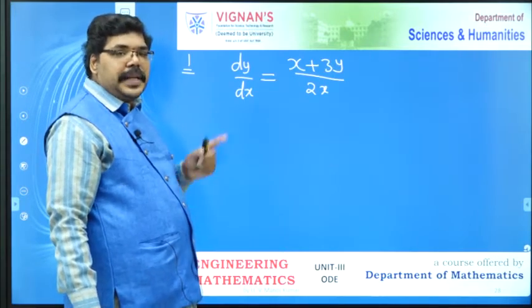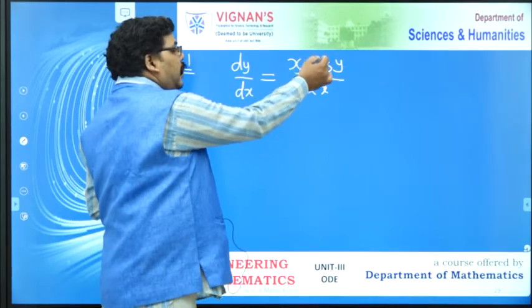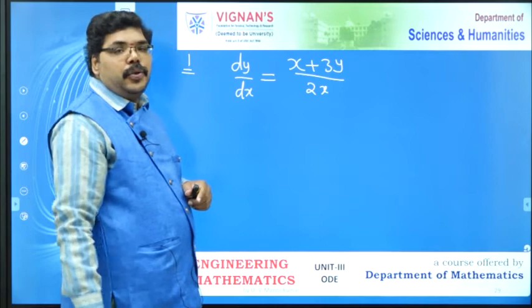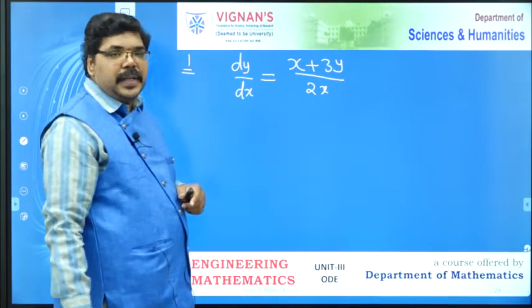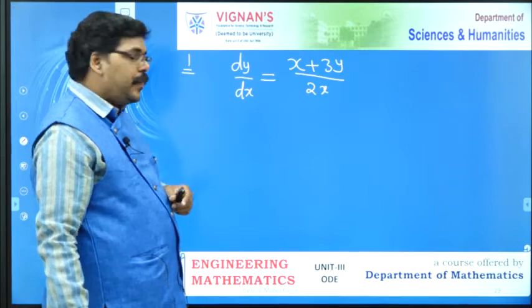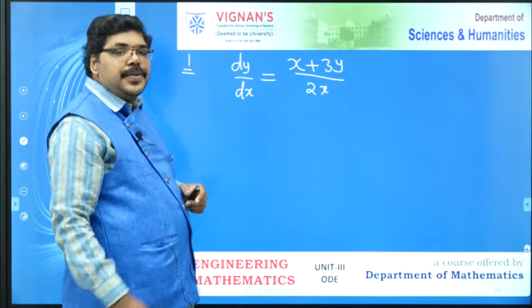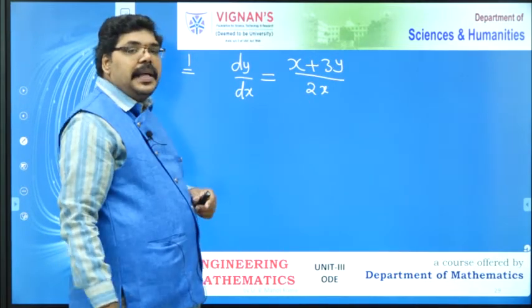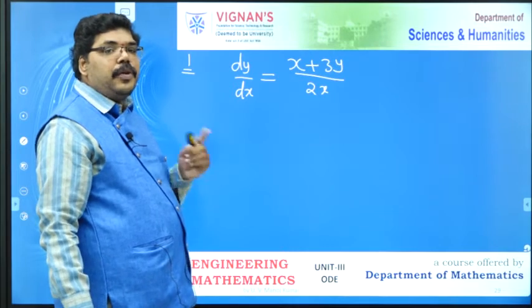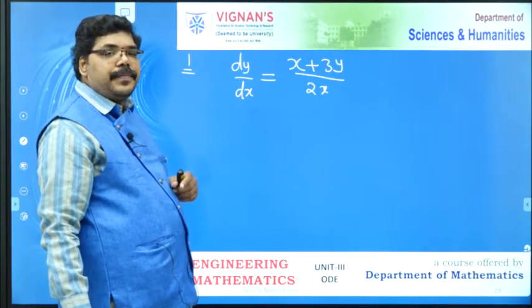Yes, of course, it is a homogeneous differential equation because the numerator's two terms are of degree 1, and the denominator has only one term, which is of degree 1. So all the terms have the same degree, so the function is homogeneous. If the function is homogeneous, the differential equation is also said to be homogeneous. So this is a homogeneous differential equation.